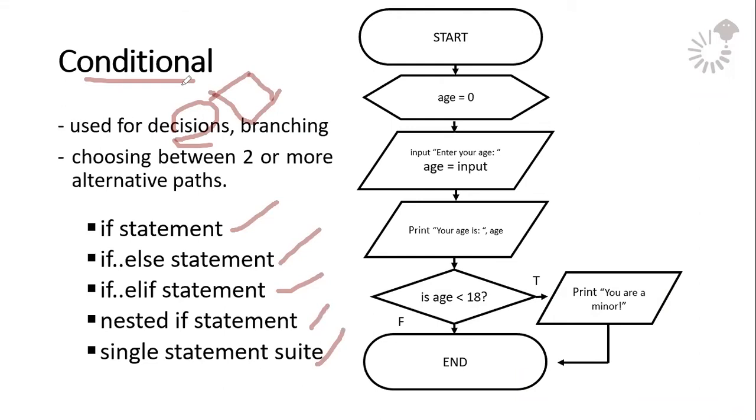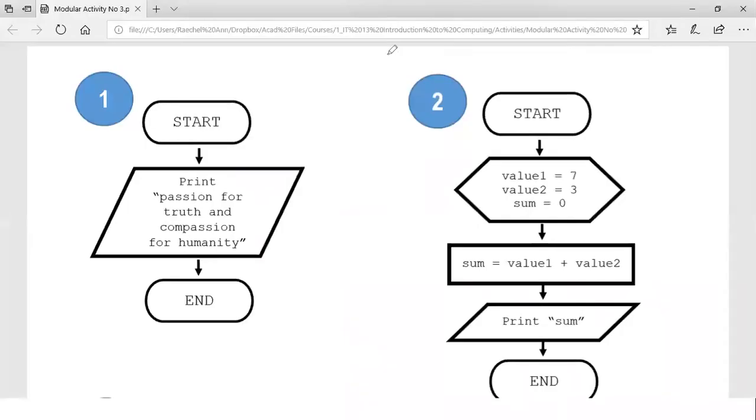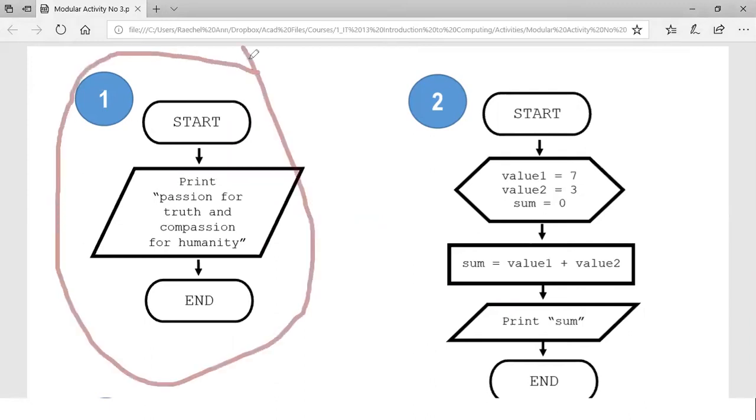Let's check your activity. For flowchart number 1, do we have a diamond here? None.